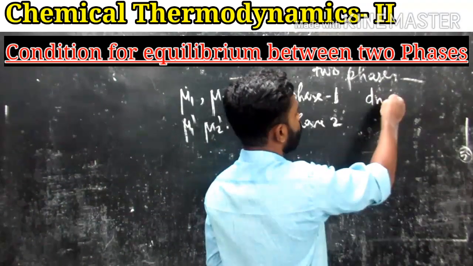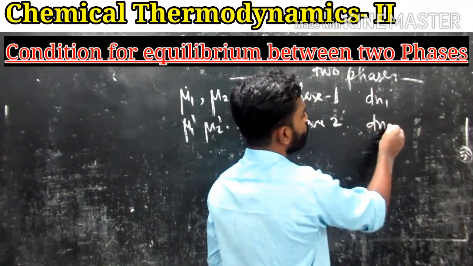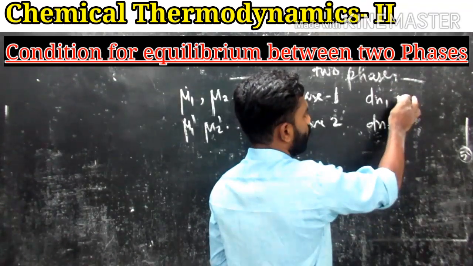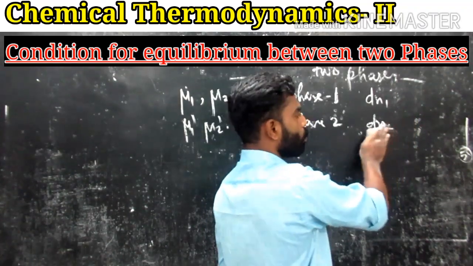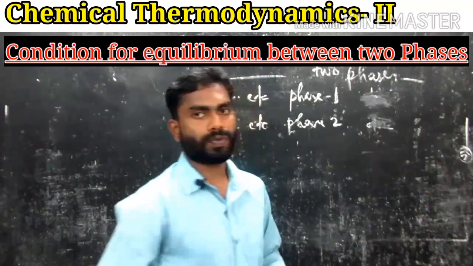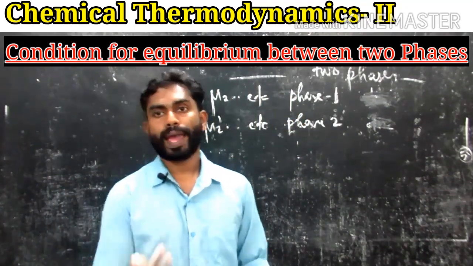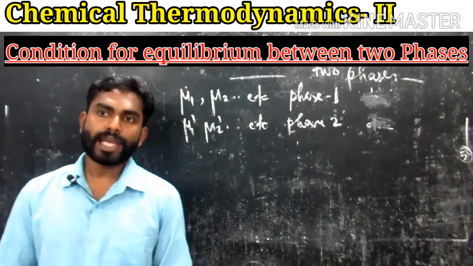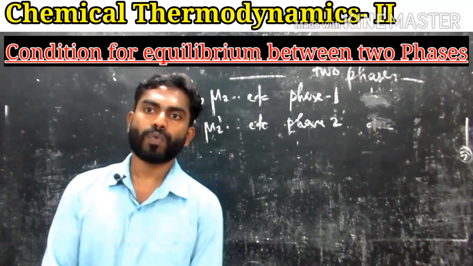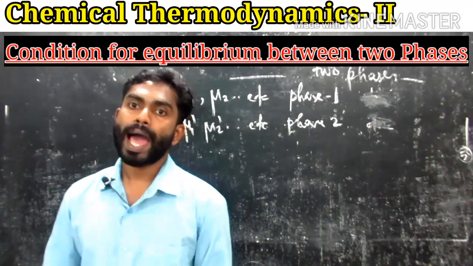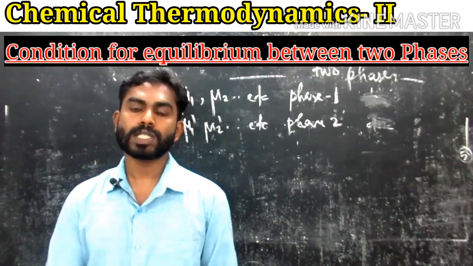Then the change in Gibbs energy of the two phases at constant temperature and pressure is given respectively by the equations.